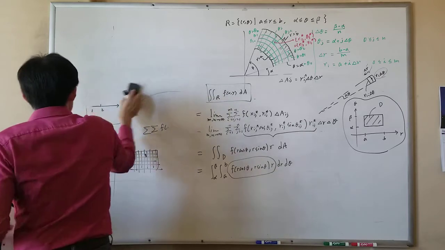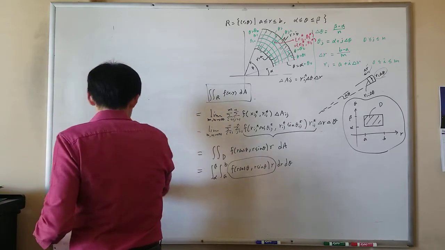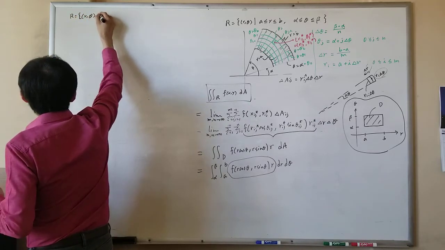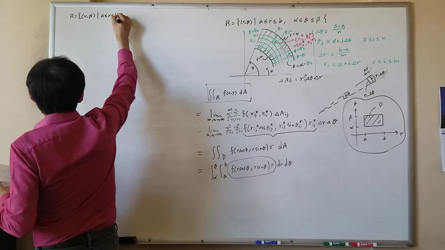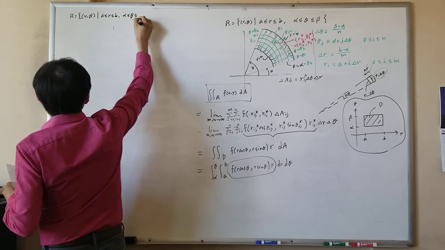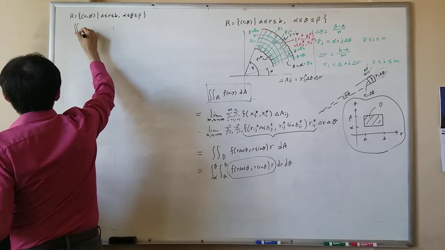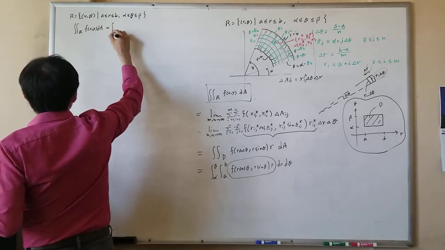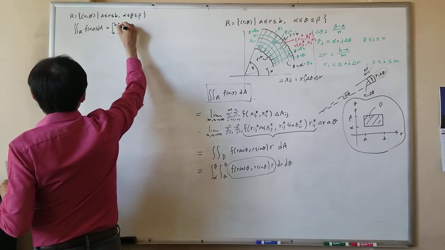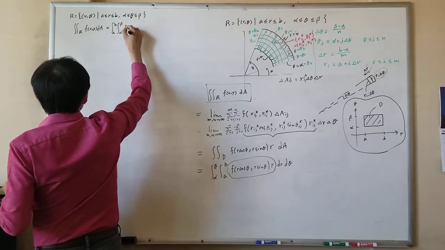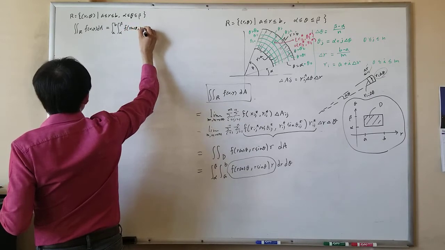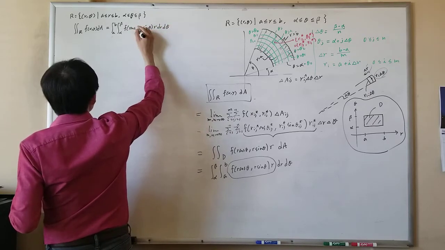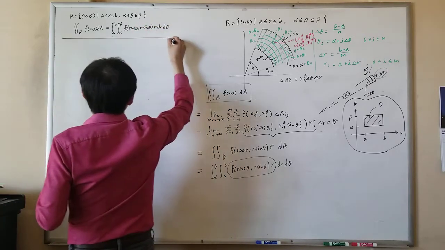So if your R is A to B for r, alpha to beta for theta, double integral over R of f of x, y, dA equals integral from A to B, alpha to beta, of f of r cosine theta, r sine theta, r dr d theta. This is what we just got. Okay?